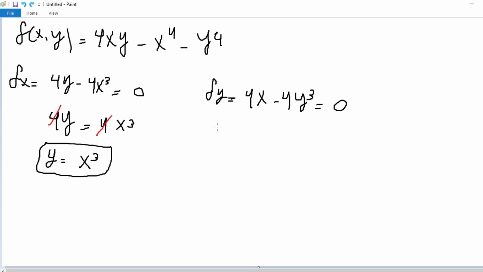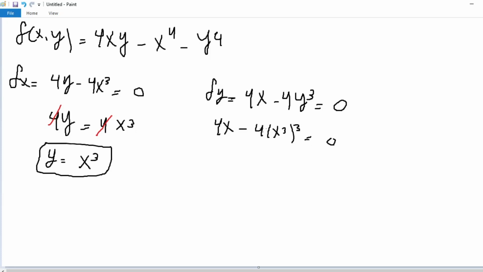So we can say 4x minus 4 times x cubed, all to the third, because the y is x cubed, so there is a cube on it. Then equal to 0.